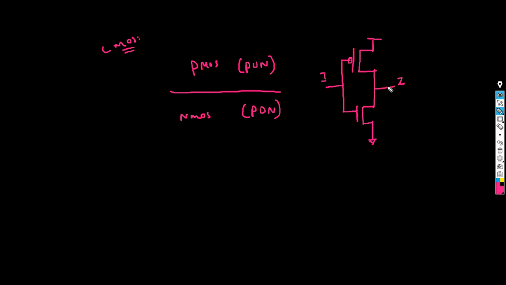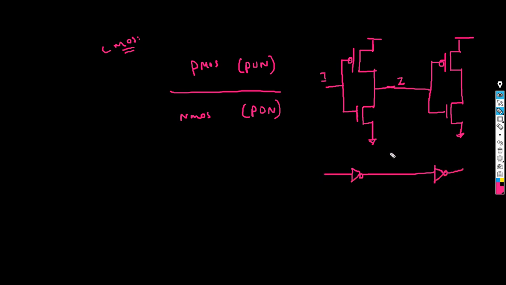Now remember, even if you go to the next stages, say something like this. Now, what is the circuit basically? This is one inverter driving another one, as simple as that. So that means you are basically connecting one inverter to another inverter.